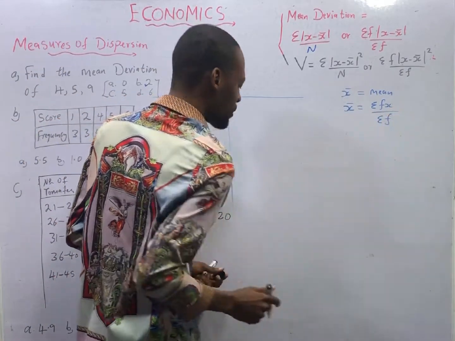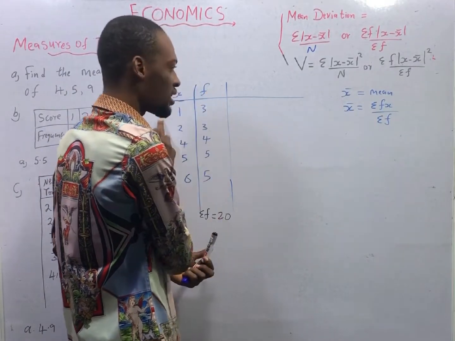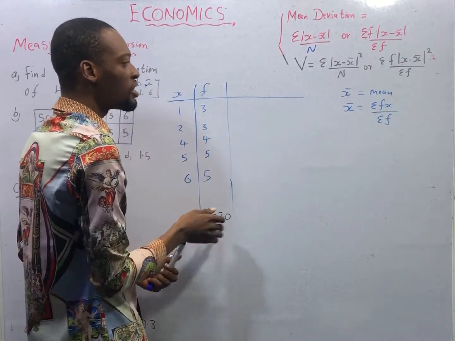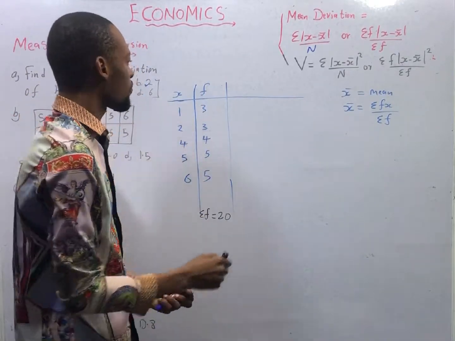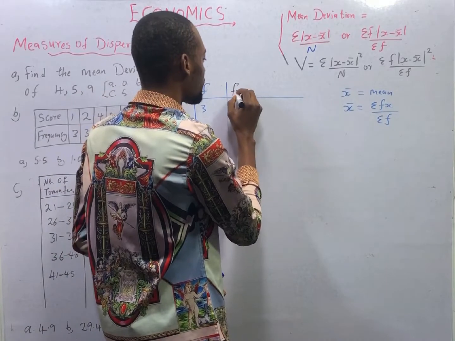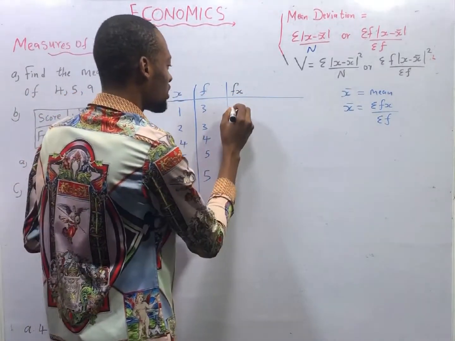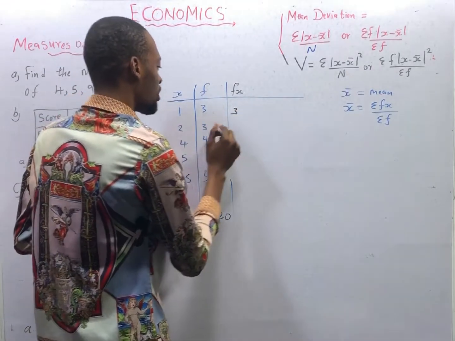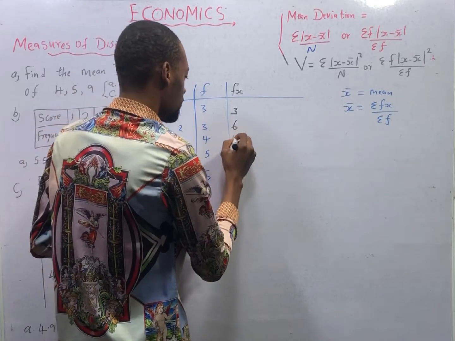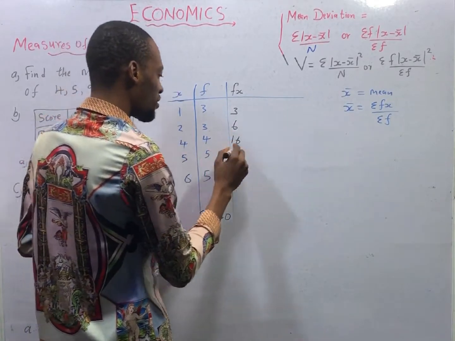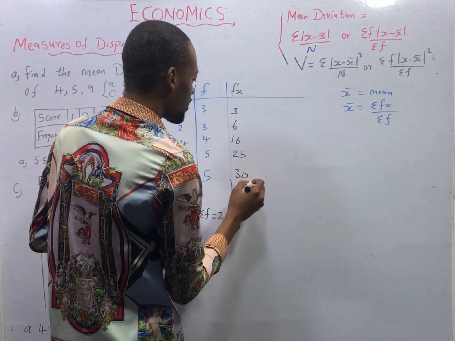Summation of Fs simply means F times S. Summation means after you multiply F by S, add everything. So let's have Fs here. Fs will simply be 3 times 1, 3. 3 times 2, 6. 4 times 4, 16. 5 times 5, 25. 6 times 5, 30.